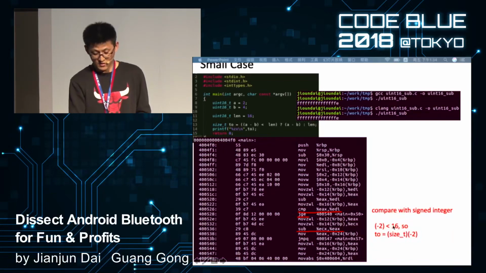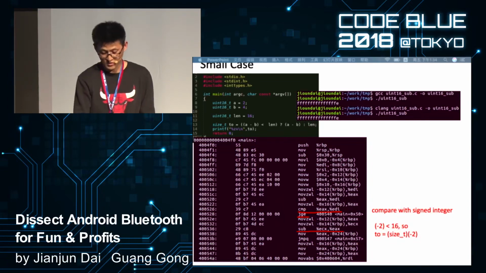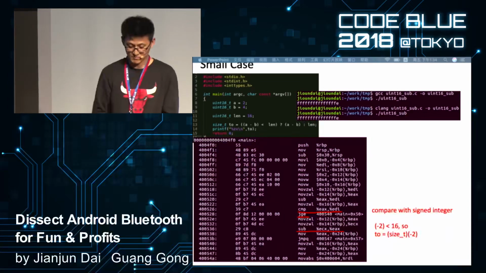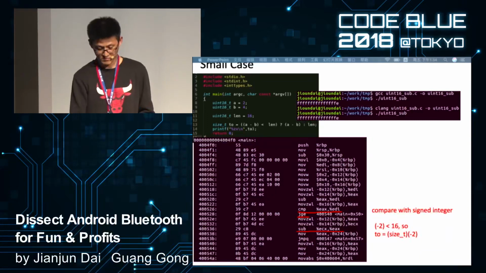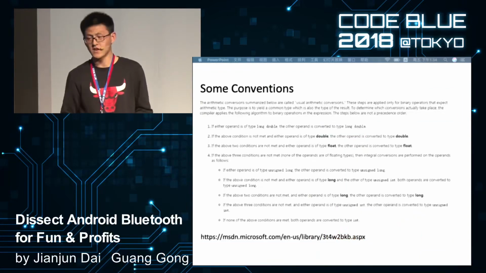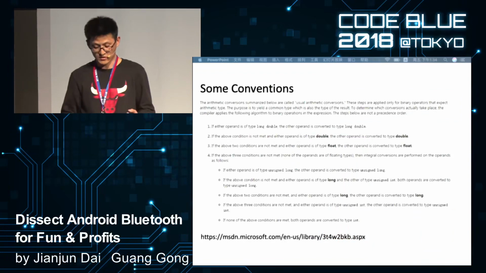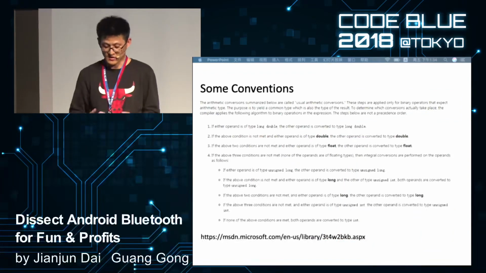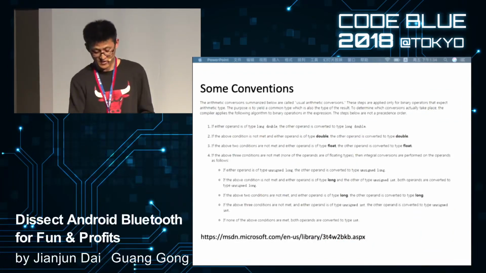So whenever the result is -2, it is converted by size_t. Why is this? I can't find the conversion rules for GCC and Clang, but I found them in Microsoft's documentation.